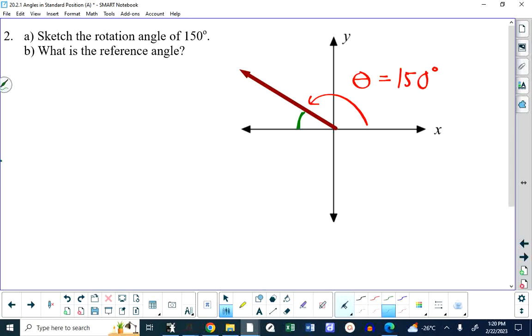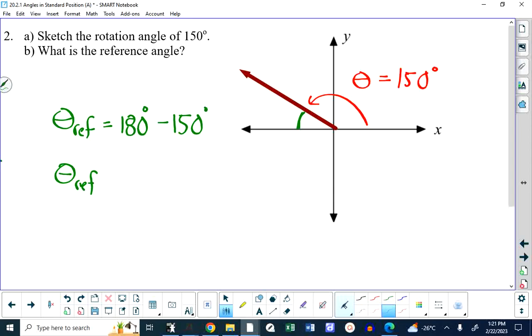It's always measured up or down from the x-axis to the arm. And the reference angle here will be equal to 180 degrees minus 150 degrees, which is 30 degrees.